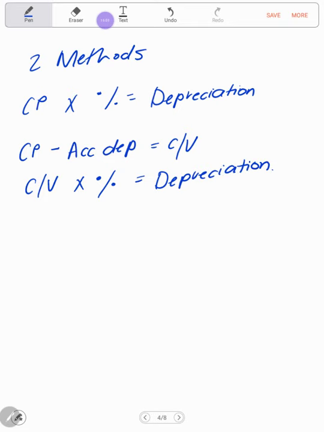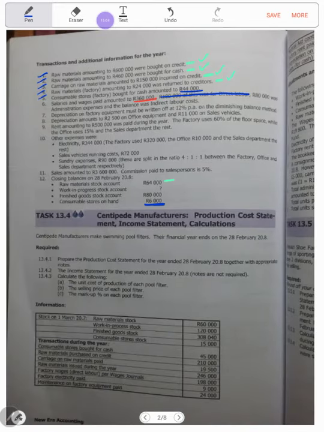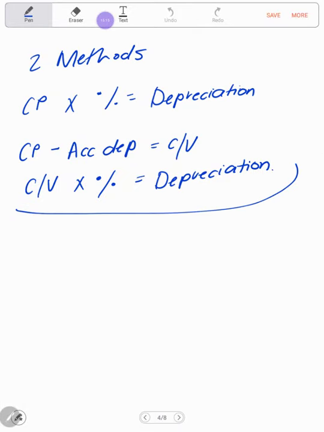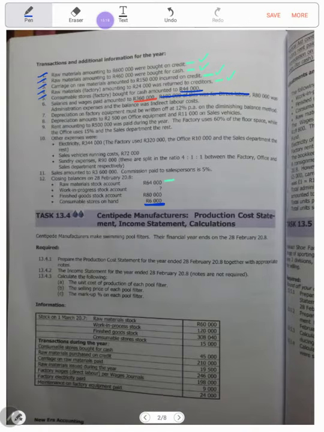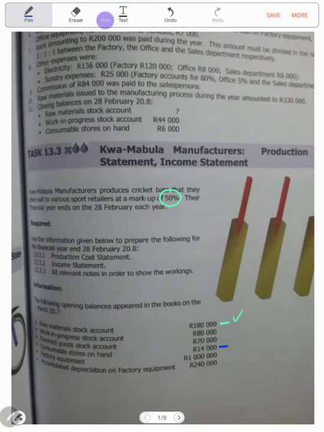All right. So this adjustment has told us that factory equipment must be written off at 12% on the diminishing balance method. So which one are we going with? We are going with the diminishing balance method. Now I need to go and have a look at my opening balances to see what is the balance of my factory equipment.